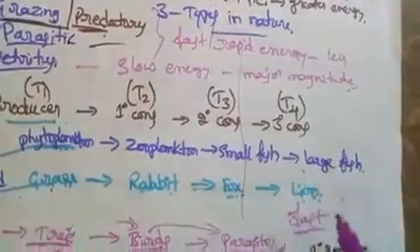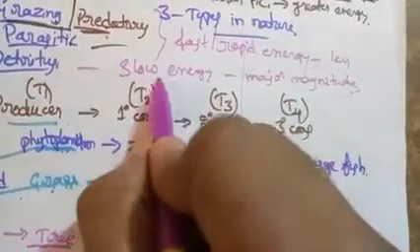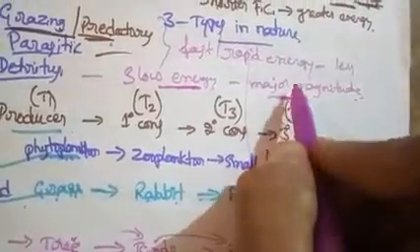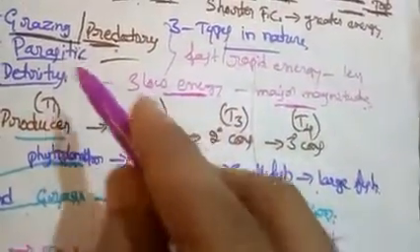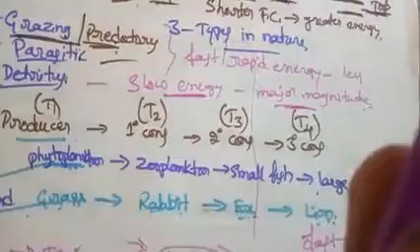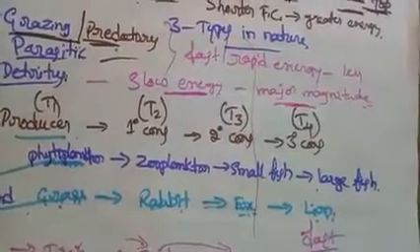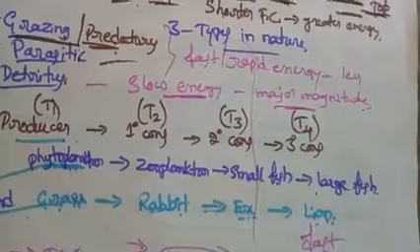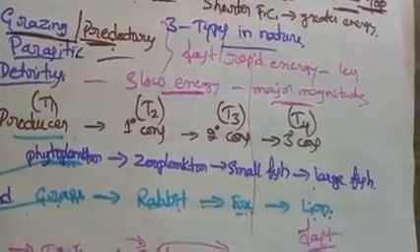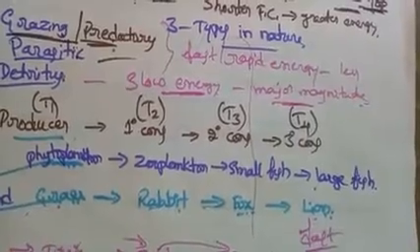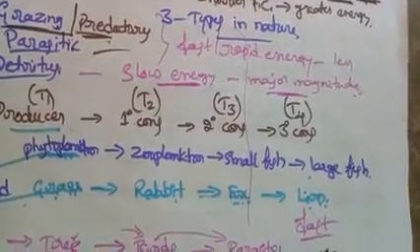It converts energy slowly, but it has the major magnitude, whereas in grazing and parasitic we see lesser availability of energy. So that's why the detritus food chain is considered a major one. But in an aquatic ecosystem the grazing food chain is the major conductor of energy flow.